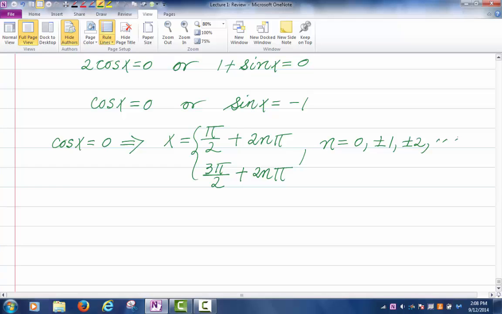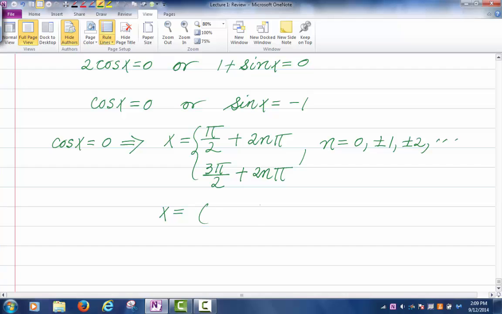Now, another way of expressing this same solution would be the following. Notice that whenever I get an odd multiple of pi over 2, I am either on the positive y-axis or the negative y-axis. You agree with that? If I have an odd multiple of pi over 2, so 3 pi over 2, 5 pi over 2, 7 pi over 2, 9 pi over 2, or negative 9 pi over 2, negative 7 pi over 2.